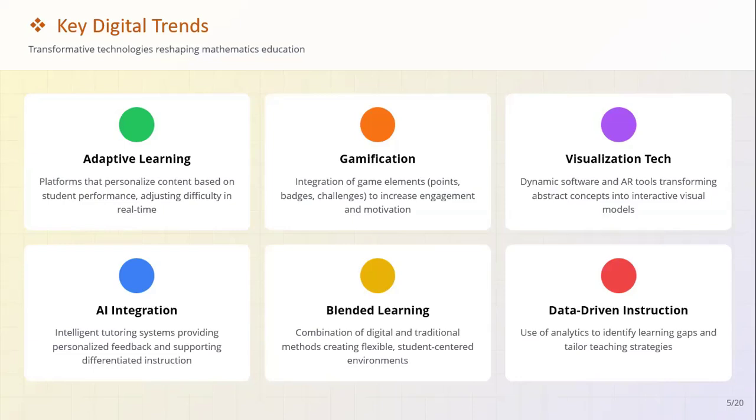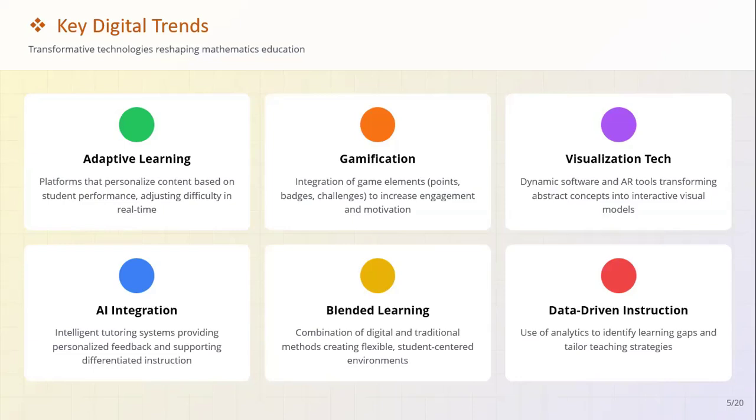So adaptive learning is a platform or tool that can support not only the smart student but also the slow learner. It's like personalized learning. The second is gamification, a kind of game that can support student learning.